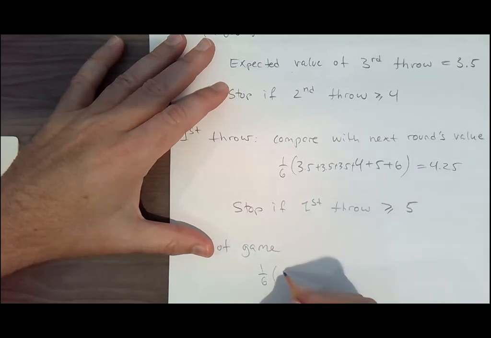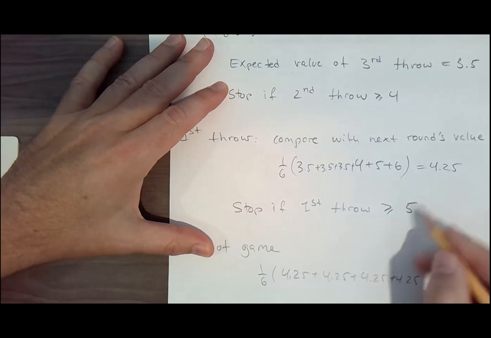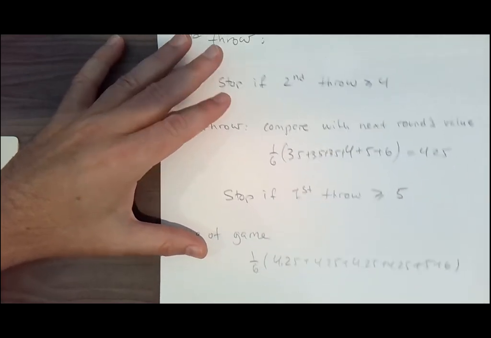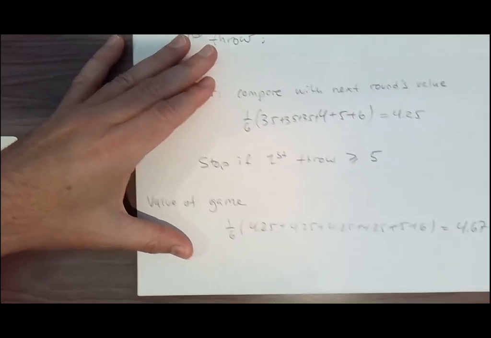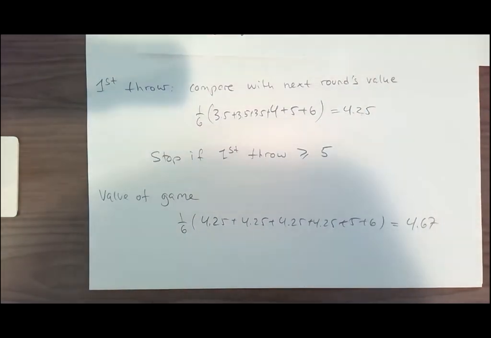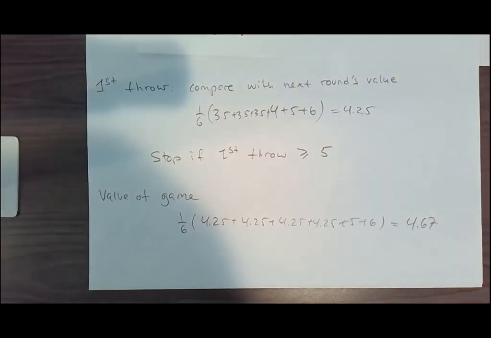So the first four will give me 4.25, 4.25, 4.25, 4.25, and then I get 5 and 6. And this would give me something like 4.67. So this is how many dollars you have to pony up to play the game. If you want to play such a game, then the price is $4.67.